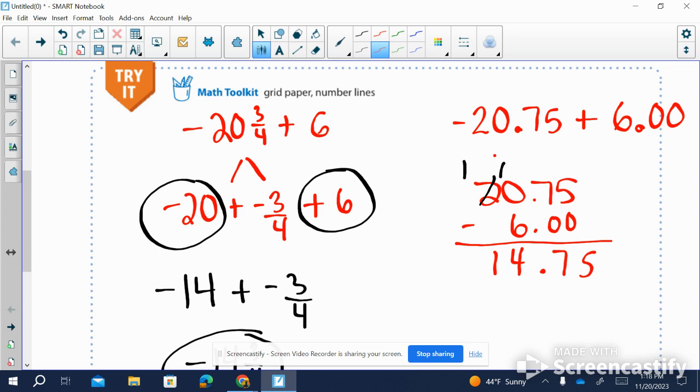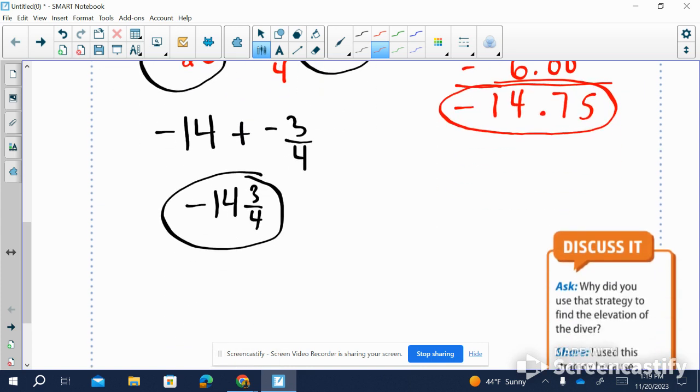So the difference of 20.75 and 6 is 14.75. Well, we've done our addition rule that actually told us to subtract, and now we have to apply the positive or negative about that rule. So because we had more negatives, our overall answer is negative. So we get negative 14.75, which is equivalent to negative 14 3/4.